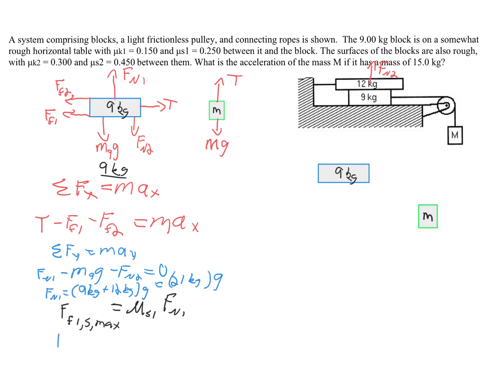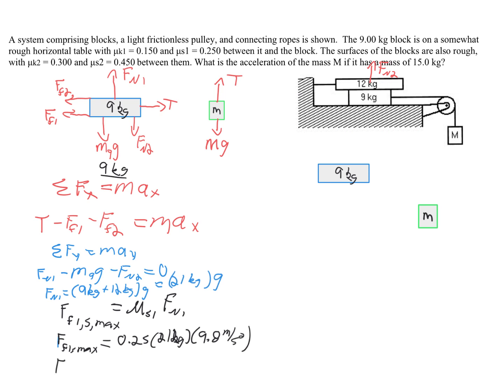So if we go ahead and calculate this, our force of friction max 1 should come out to be equal to our coefficient 0.25 multiplied by 21 kilograms multiplied by our 9.8 meters per second squared.